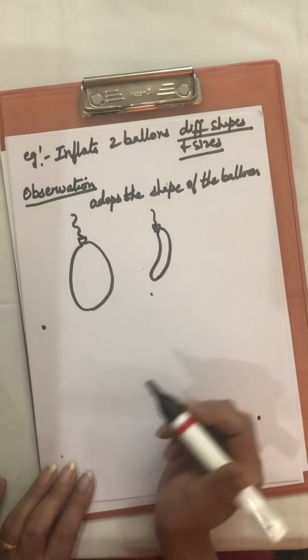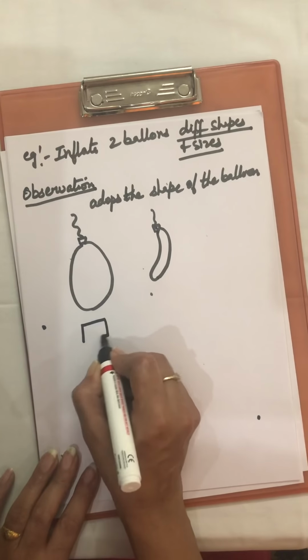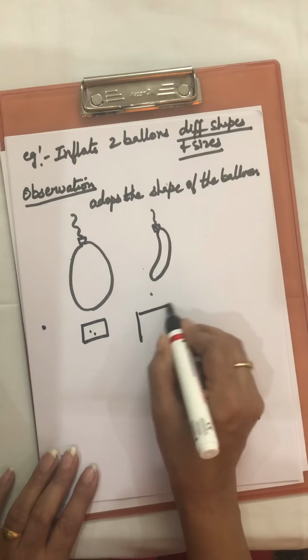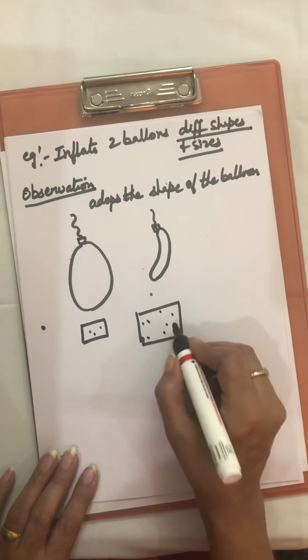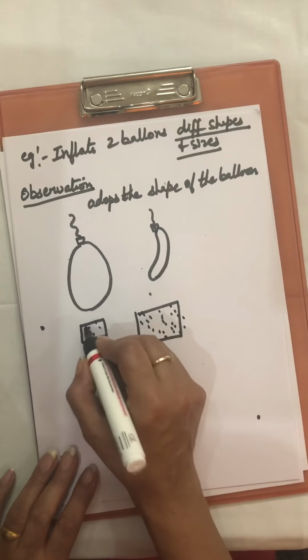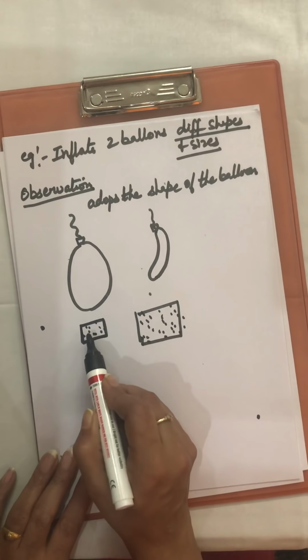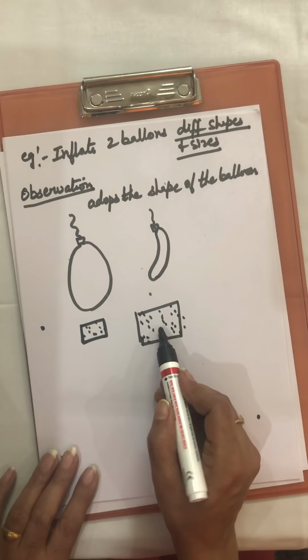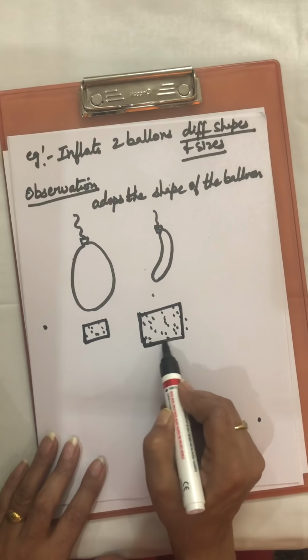And if gas is transferred from one vessel to another, like gas stored in this one, now we transfer this gas into a big vessel, the gas will occupy each and every corner of this vessel. This is the volume of the gas here. Same gas when transferred to the larger vessel will occupy the whole space of this vessel.